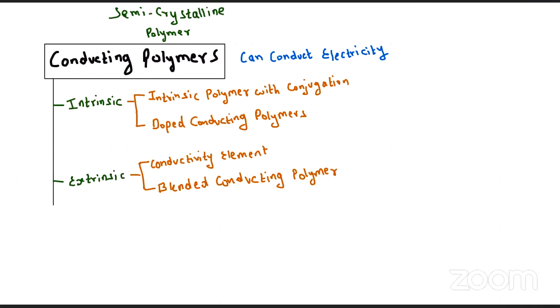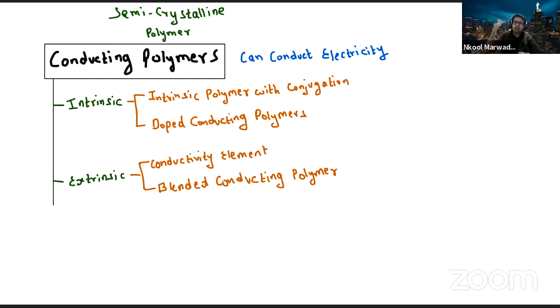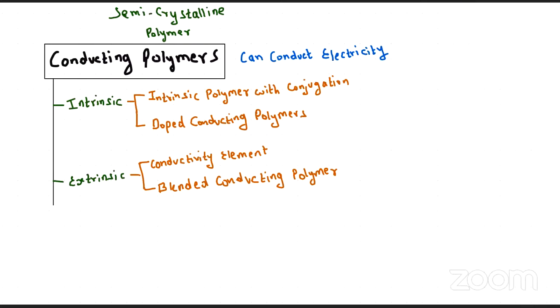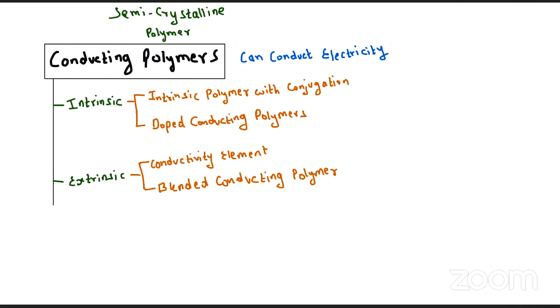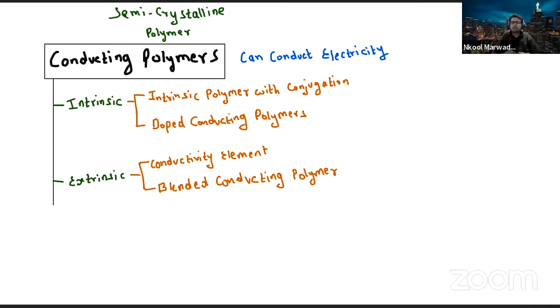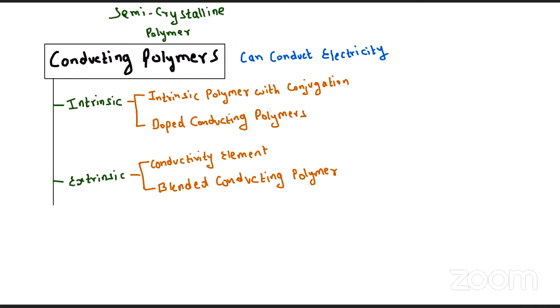But in extrinsic, it's about adding additional atoms to the polymer to make it conducting. We can introduce some conducting elements inside the polymers, or we can blend the polymer with some conducting materials, some conducting atoms with free electrons, and hence we can get the conducting polymers.